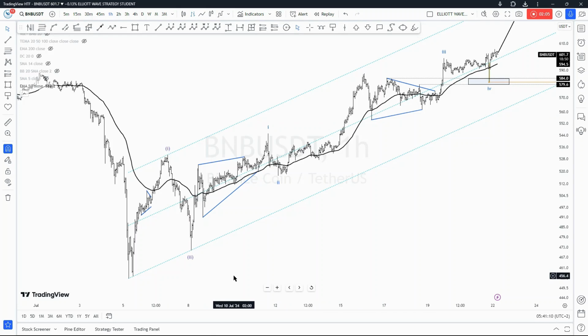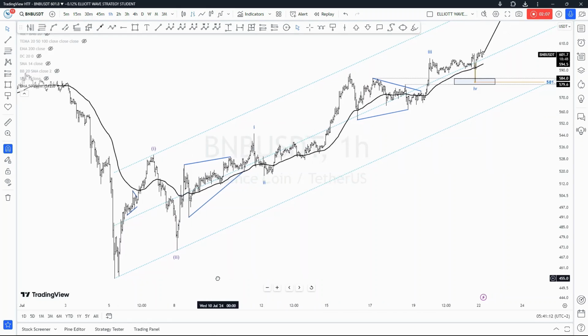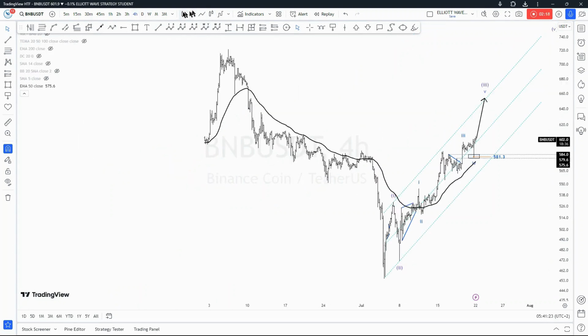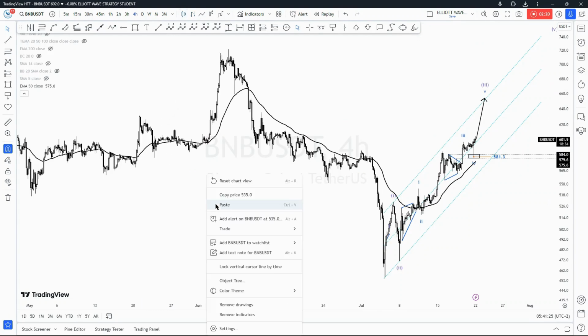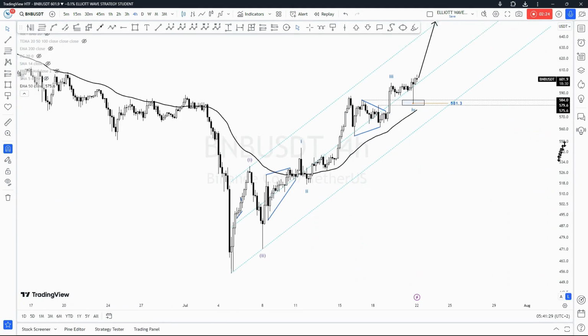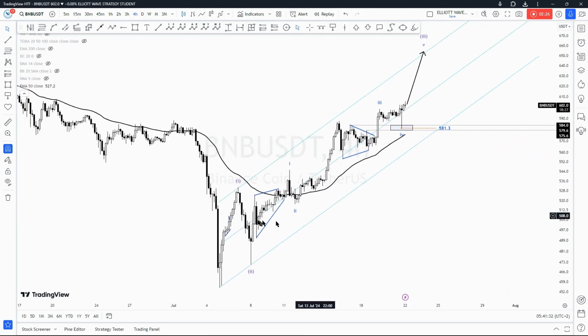And I would love to say one thing about Binance, because I believe that this move, which began on the 6th with wave one, wave two, is still in play. Let me go to the 4 hourly time frame and zoom in so that you'll be able to see what I'm talking about. You don't see that double bottom formation now, but you can see this is one, two, and then one, two, three, four, five of wave three.